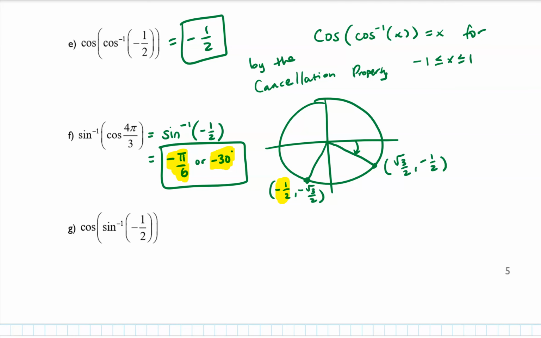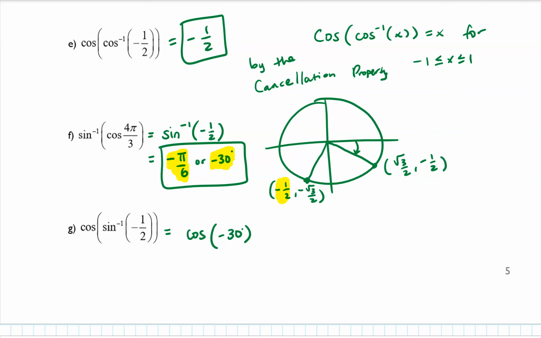Part G asks us to find cosine of sine inverse of -1/2. And we actually just, if you look back at the unit circle that we found there, we actually found sine inverse of -1/2. And so this ends up being cosine of -30 degrees.